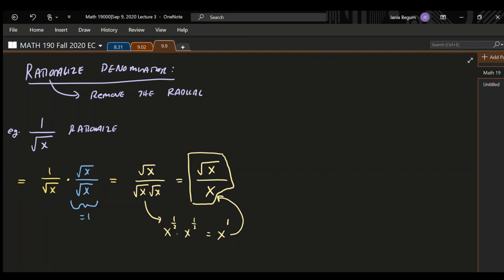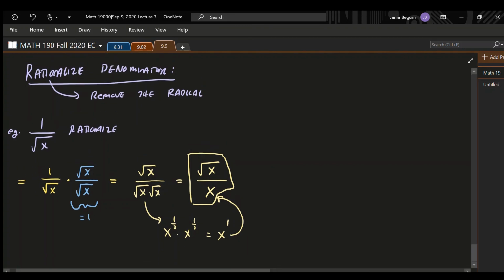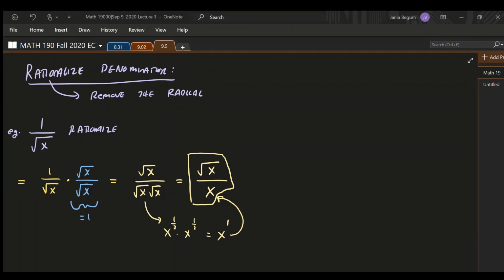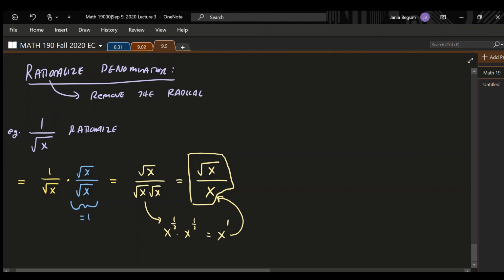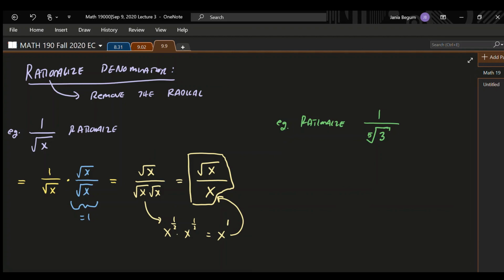Okay, so let me give you another example. So here's our second example. Say you want to rationalize 1 over fifth root of 3. Now for this one, you can't just multiply by square root and a square root, okay?